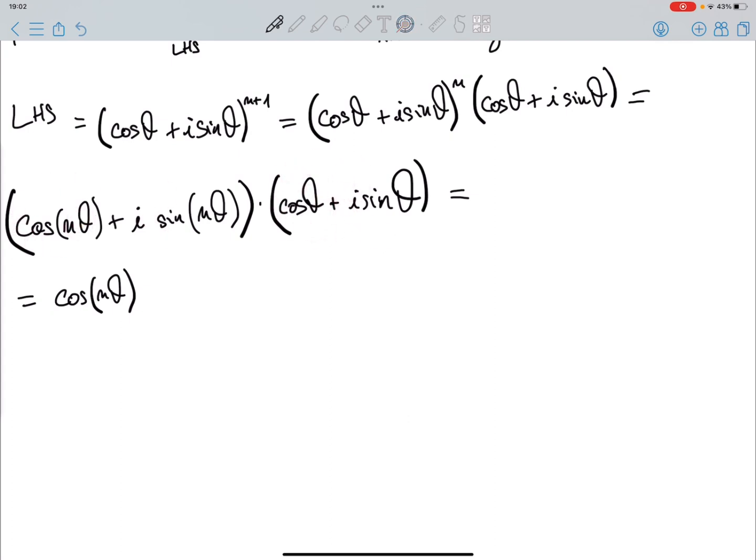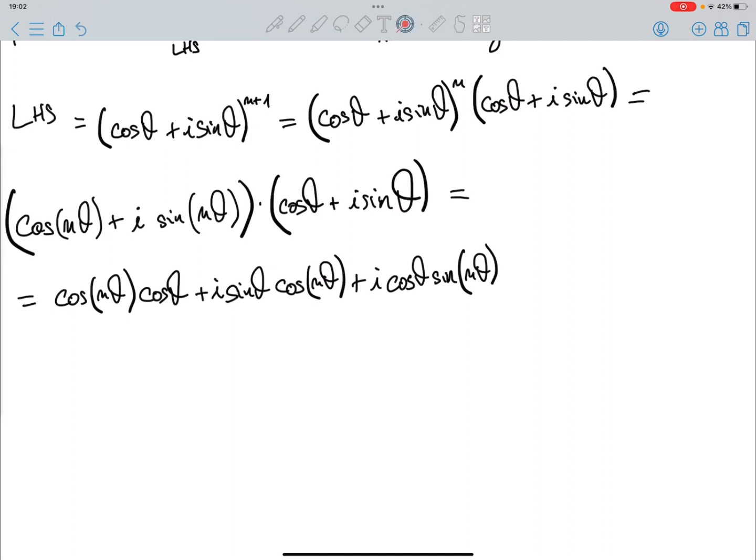So we get cos(nθ)cos θ, then plus i sin θ cos(nθ), then plus i cos θ sin(nθ). Lastly we have i times i, which is i squared, and i squared we know is equal to -1, so the sign is going to be minus, and we have sin(nθ) sin θ.